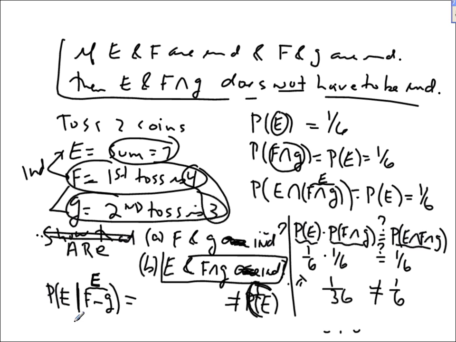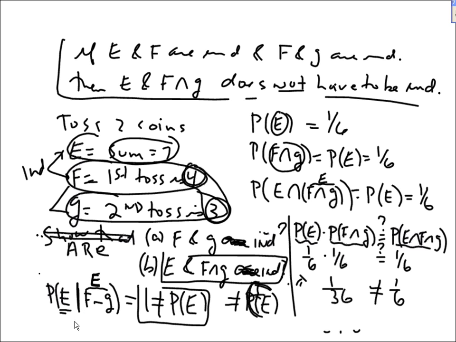You are given that you got a 4 and a 3. You're given the sum is 7. What's the probability that E happens given that E happened? The answer is 1. This does not equal the probability of E. The probability that the sum is 7 is not certain. That would be enough.